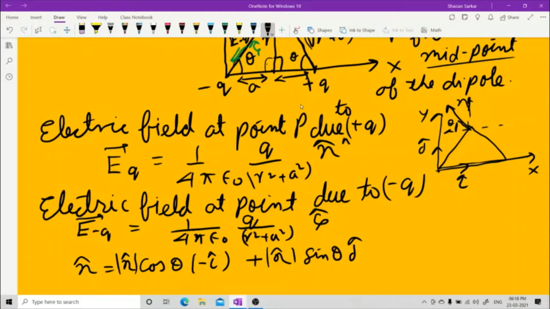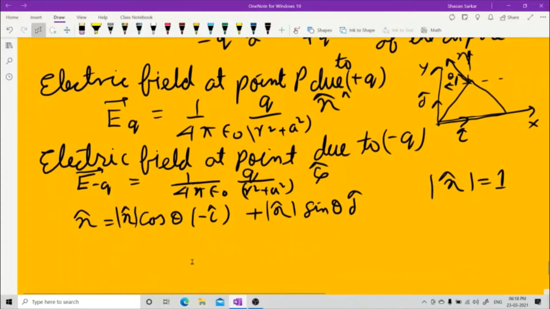Mod eta is nothing but 1. So, doing it vectorially, this will be minus cos theta i plus sine theta j. No problem about it.